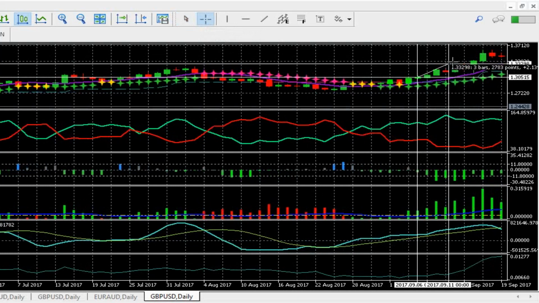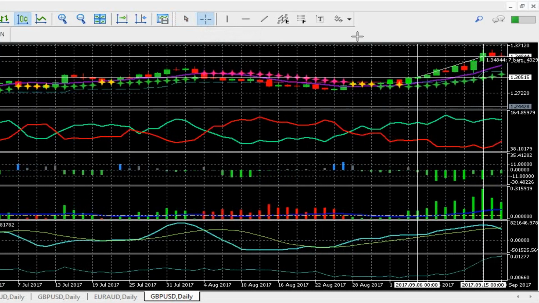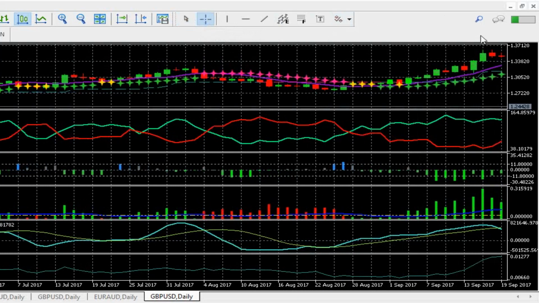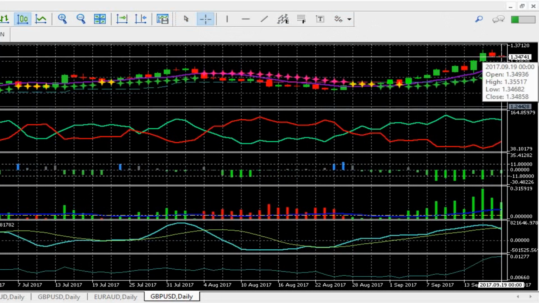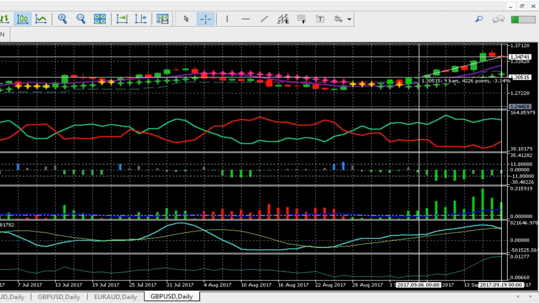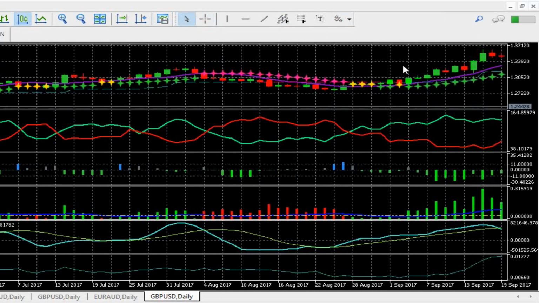We entered here, exited there, let's do it the other way around. You'd say 400 pip trade there, before the exit indicator told us to leave. So we're into September of 2017 and we're still no loss on the Great British Pound US dollar.